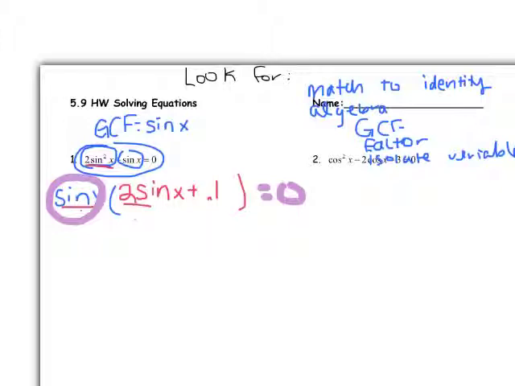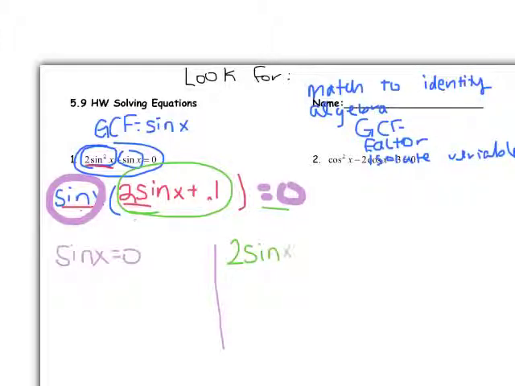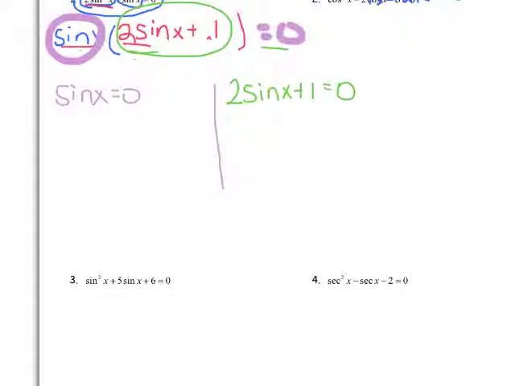And then you also have the factor 2 sine x plus 1, and we set it equal to 0. So let's go ahead and do that. In purple I'll have sine x equals 0, and I can solve for that. And then in green I have 2 sine x plus 1 equals 0, and I'll get my 2 answers from that.